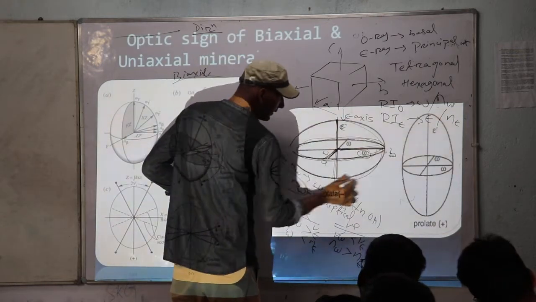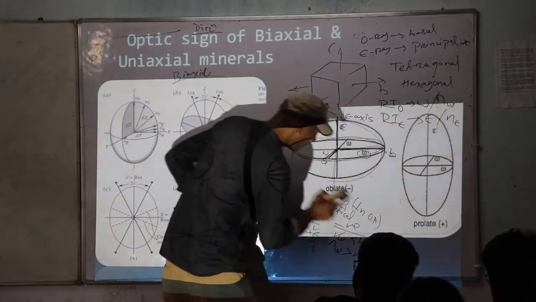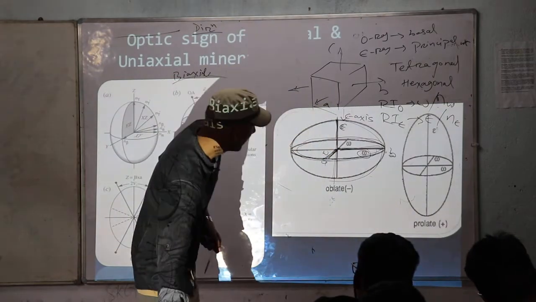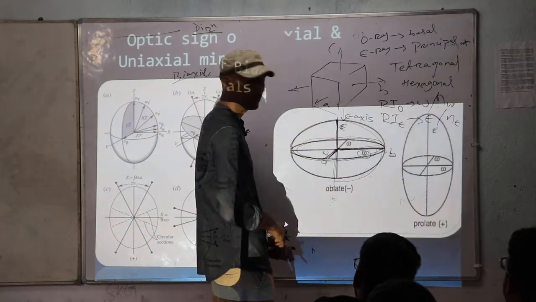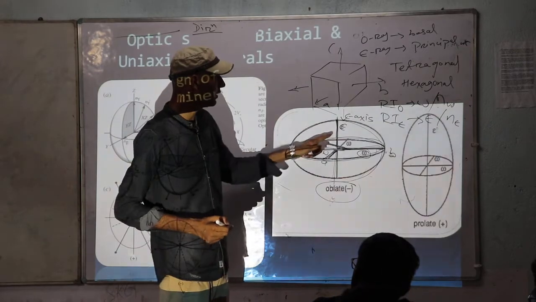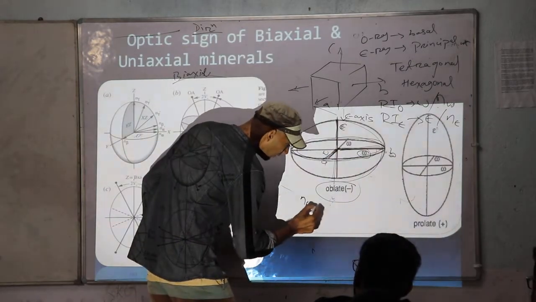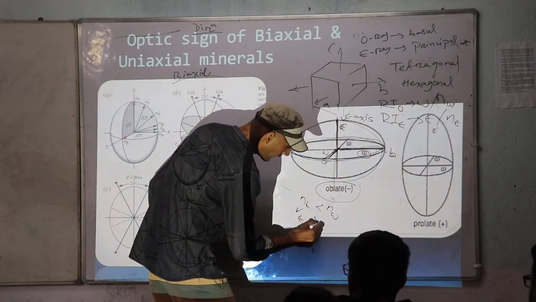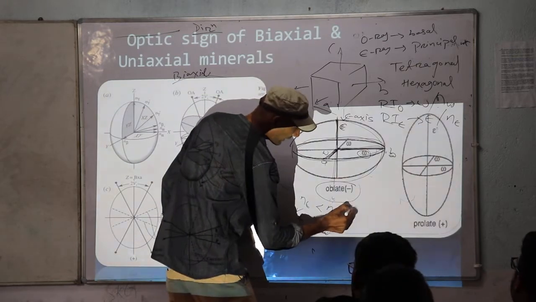So here we will get an oblate spheroid, because in this section the radius will be greater, and in vertical section that will be compressed. So that is oblate. And for oblate, as I have told, n epsilon is smaller than n omega. That means velocity of E ray is faster than velocity of O ray. So it is a negative mineral.